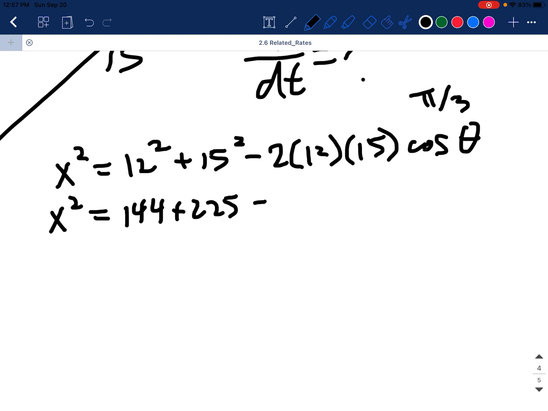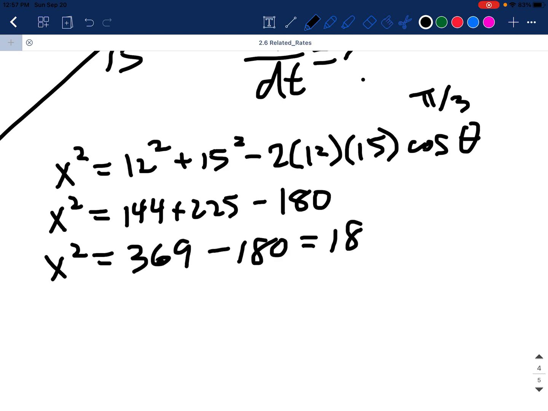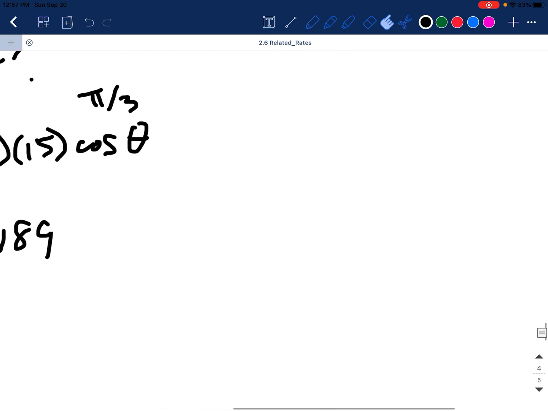Yes. So again, the 2 and the 1/2 will cancel, so that's minus 180. So maybe this is going to be nicer. Let's find out. So I have 369 minus 180, which is 189, which is not going to be any nicer. So we get rad 189. Okay, so let's do this again.